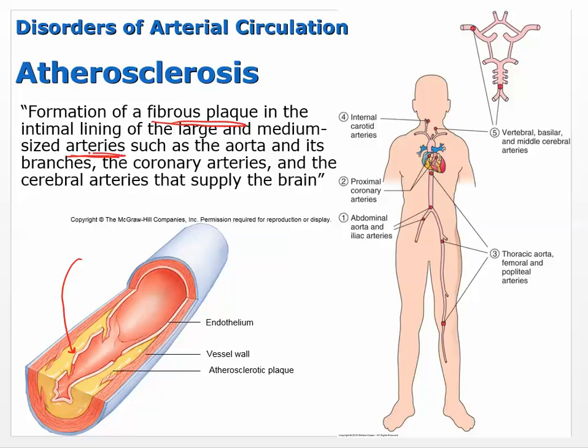So it's nice to break this down word for word. So here's a plaque that's building up, and it's in an artery, such as the aorta and its branches. So something like maybe one of the arteries going to the brain, or the brachial artery. Usually it's pretty quickly after it leaves the heart. And its branches, the coronary arteries.